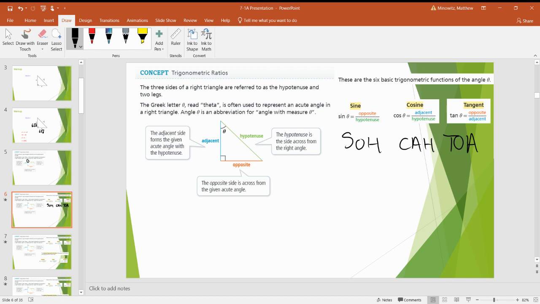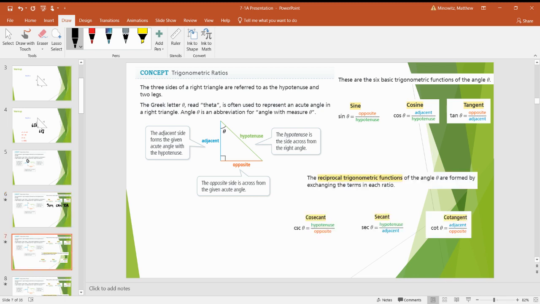Now, 3 ratios that you haven't seen probably are called the reciprocal trig ratios: cosecant, secant, and cotangent. Now, cosecant is hypotenuse over opposite, secant is hypotenuse over adjacent, and cotangent is adjacent over opposite. But I don't remember them that way.